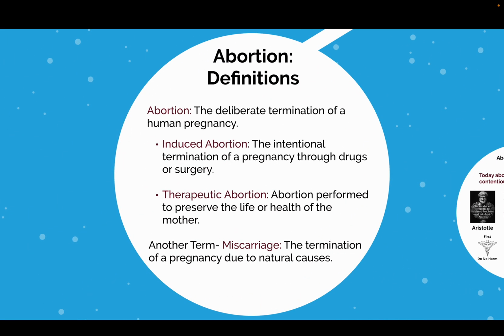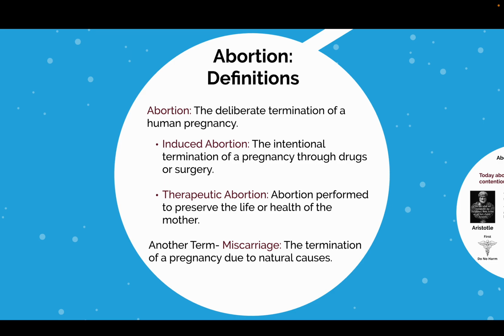And so, what is abortion? Well, abortion is the deliberate termination of a human pregnancy. And there are two types of abortion. There's induced abortion, and this is the intentional termination of a pregnancy through drugs or surgery. And there's therapeutic abortion. And this type of abortion is performed specifically to preserve the life or health of the mother.